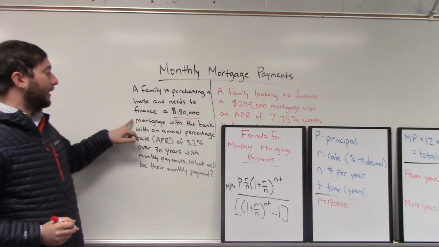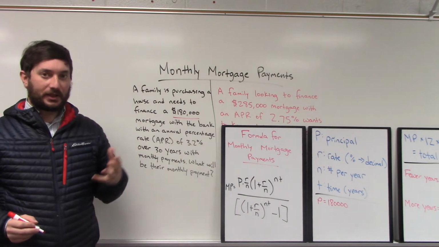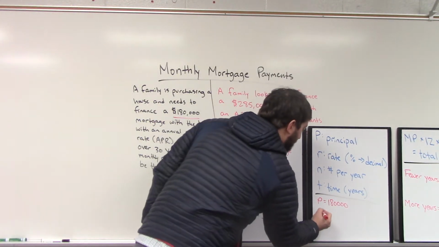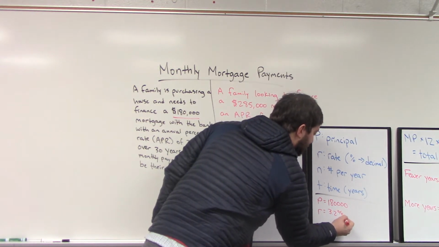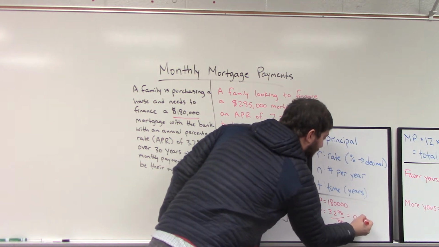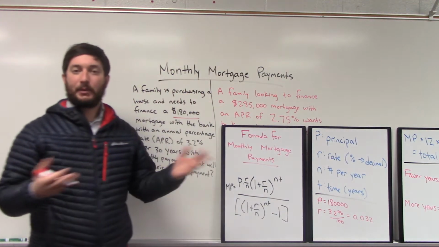We're going to have this family finance that at an APR, or annual percentage rate, of 3.2%. So if we change that percentage to decimal form, remember what you can do here is divide by 100. And it's going to be 0.032. Okay, be careful. I would divide by 100.